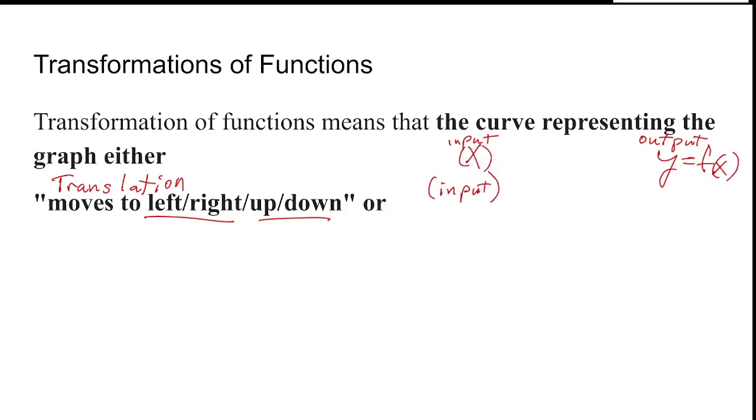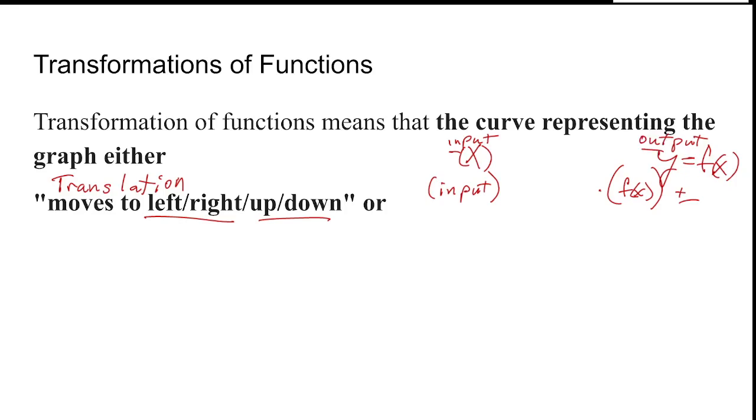That's where the change is occurring, and it's going to affect the x. And if it occurs on the outside, so we'll see something like f of x, and out of it we're going to either add or subtract, multiply or divide. Anything that's done on the outside has an effect on the output function. So we have inside and outside. We think of input as inside, output as outside.